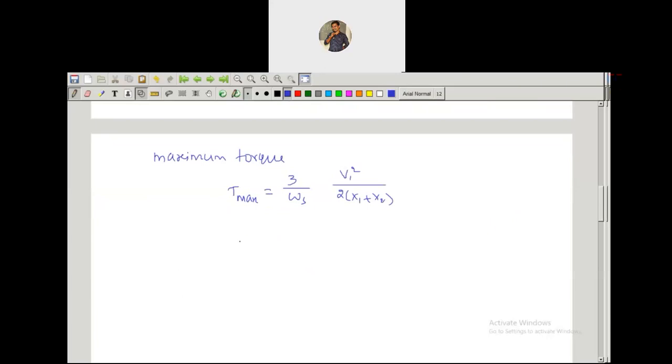If I substitute these values, then T max equals 3 by 2 omega 1 by p, that is omega s value, into stator voltage V1 square over 2 times omega 1 L1 plus omega 1 L2.